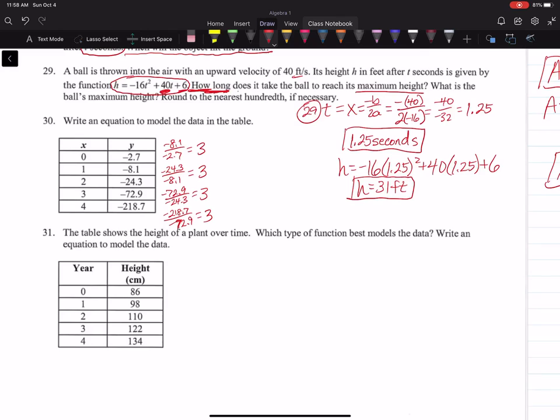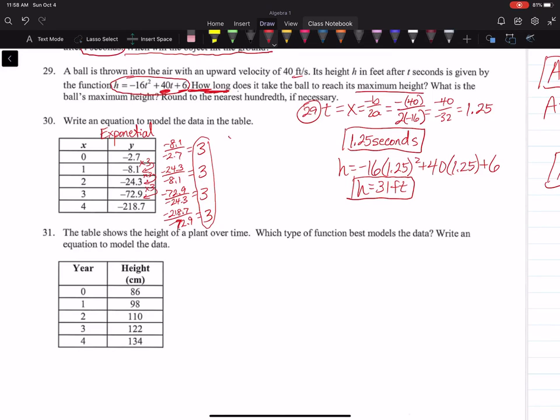Since I got the same number for all 4 of them, that means this is exponential, because basically I'm multiplying. I'm saying times 3 to get the next number, and I just keep going all the way down. Since it is exponential, remember this is the one we had trouble with on our calculator.